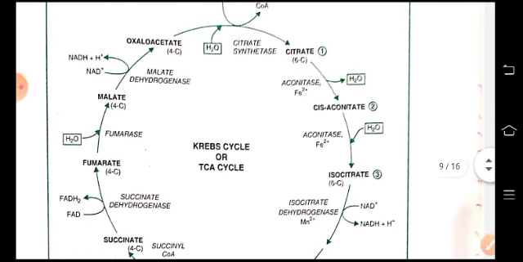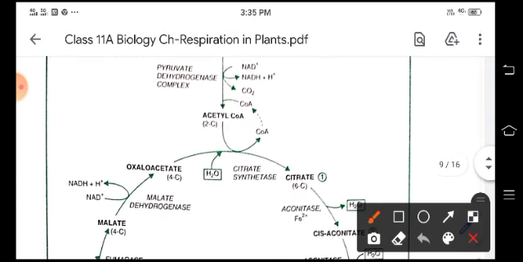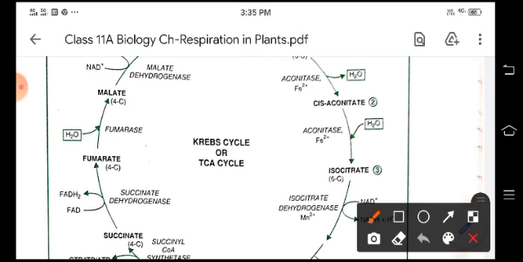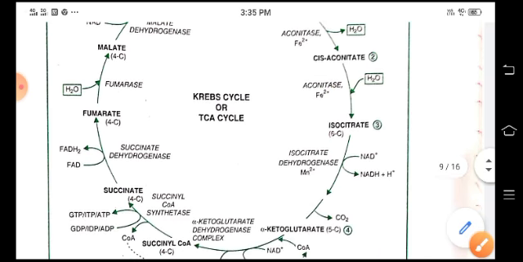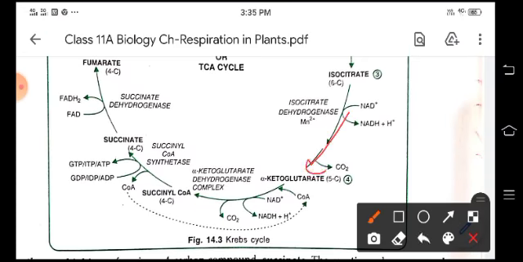Now here is the Krebs cycle. As you see children, this pyruvic acid which is coming from the glycolysis, in the presence of enzyme pyruvate dehydrogenase complex forms acetyl coenzyme A, then again it forms the citrate, and in the presence of aconitase it forms cis-aconitate, and again in the presence of aconitase enzyme it forms isocitrate, so the isomerization takes place here. Now in the presence of isocitrate dehydrogenase enzyme, it forms alpha ketoglutarate.